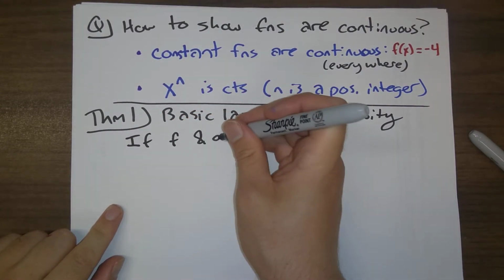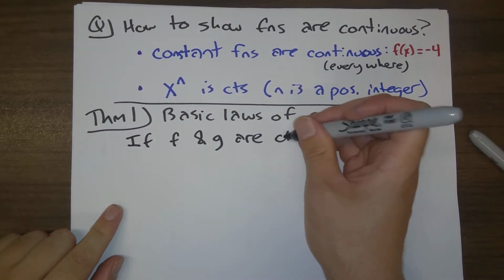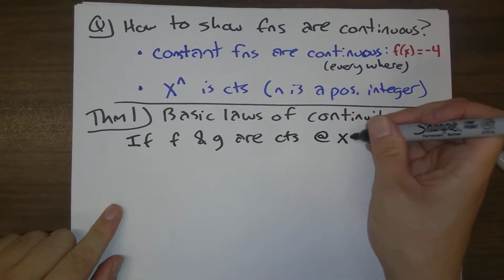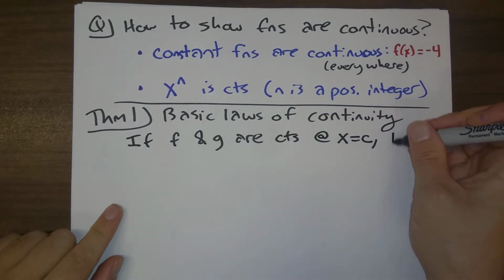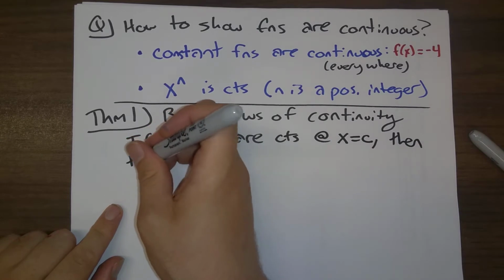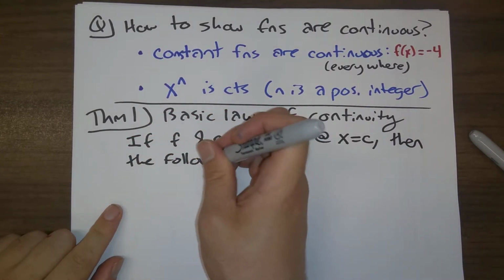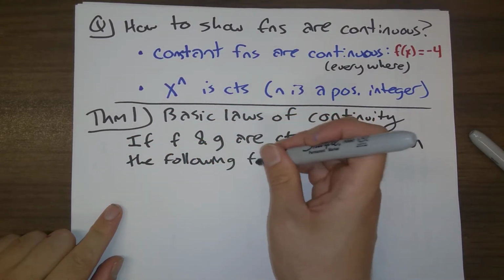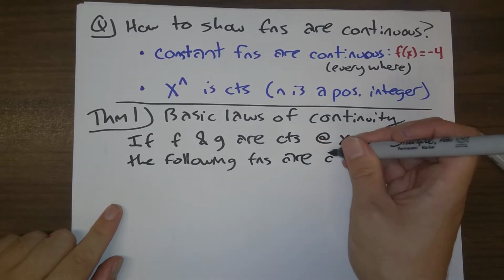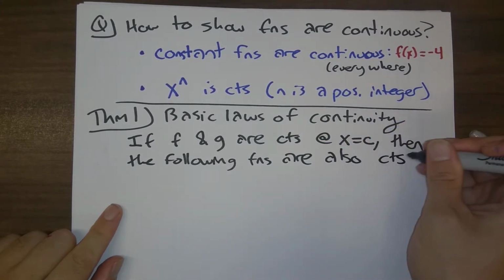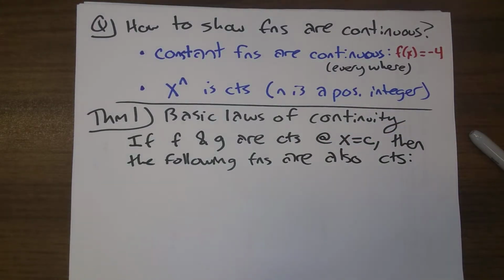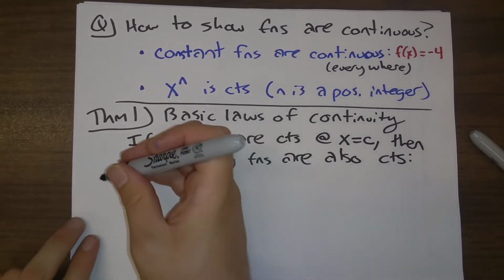If f and g are continuous at x equals c, then the following functions are also continuous. There are going to be 4 buckets.